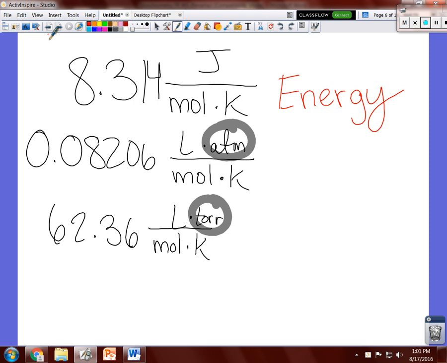I do use ATM in the video, but I'm explaining to you that if you want to use the bottom one, you can. But if you want to use ATM, what must you have to do to the millimeters of mercury? Convert it to atmospheres. That's an additional step that could cause you an issue.